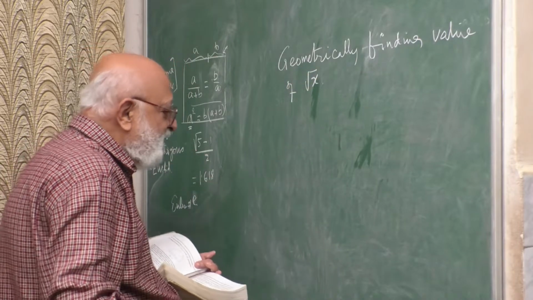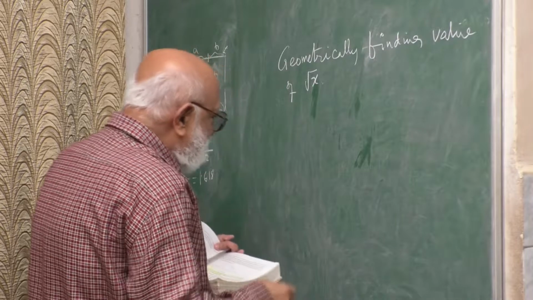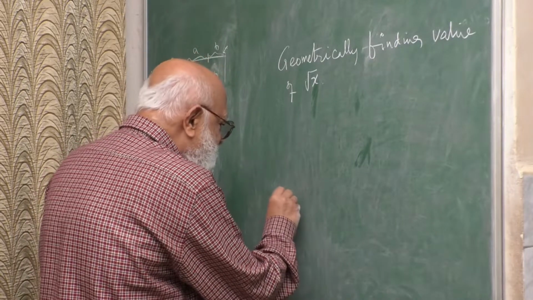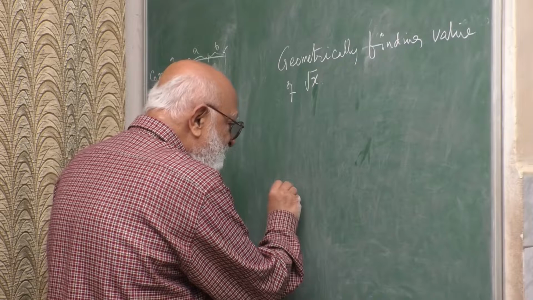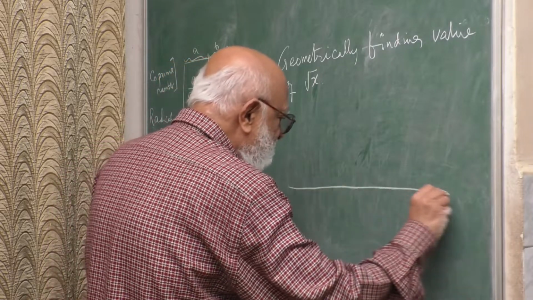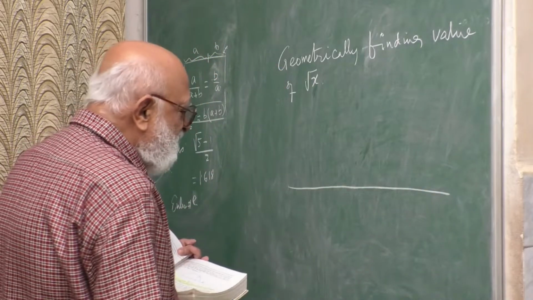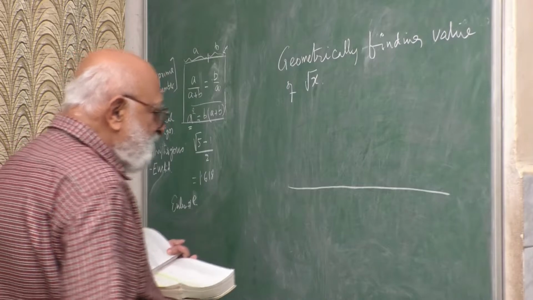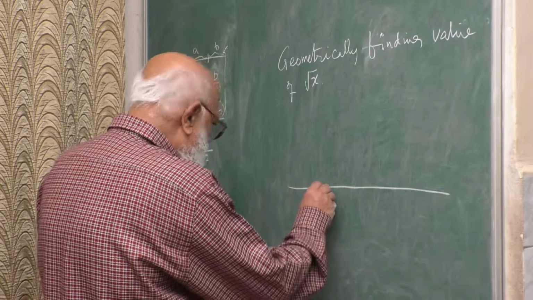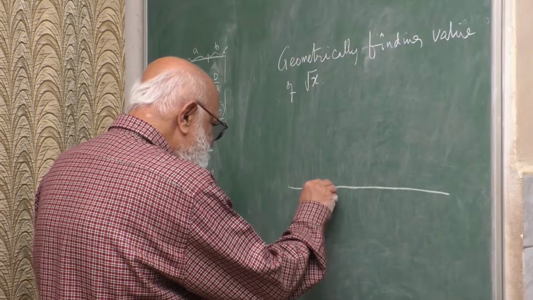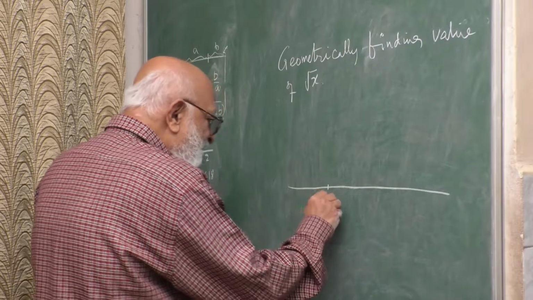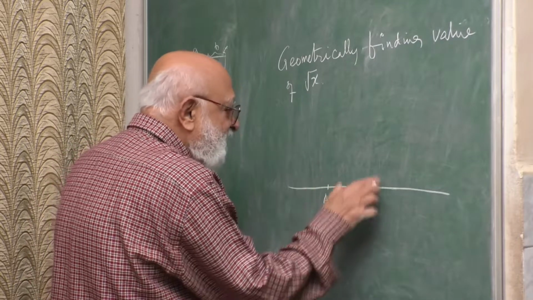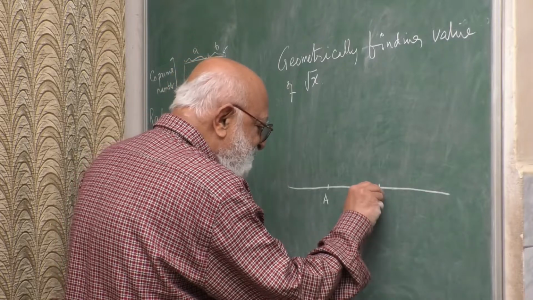Okay, what is done? First, let us take a number line. Okay, let's say this is a number line. Now on the number line, take a point A.